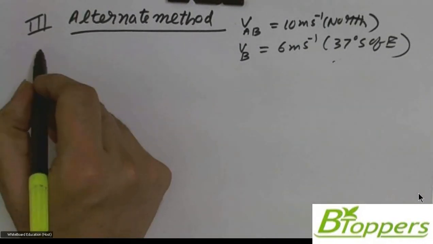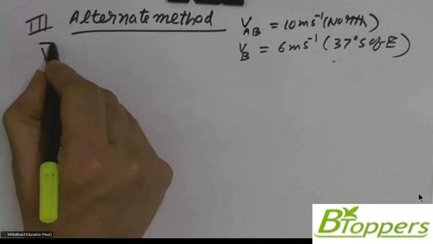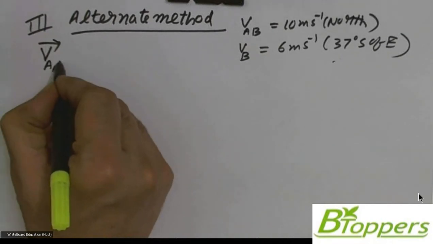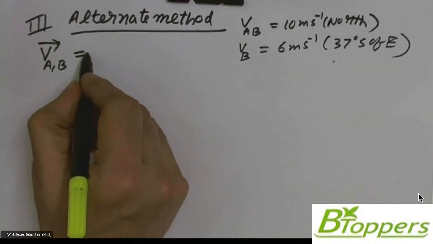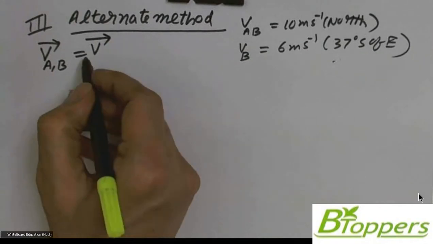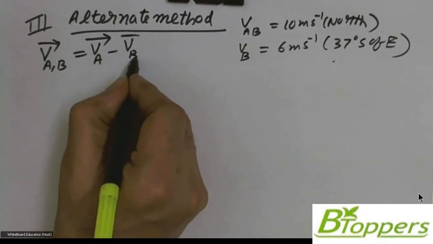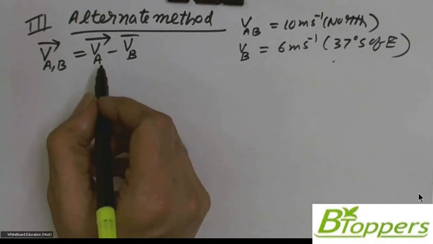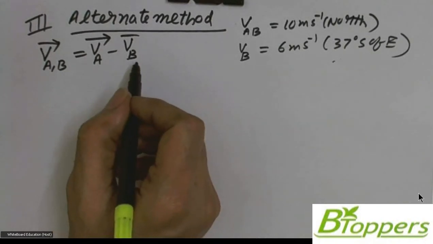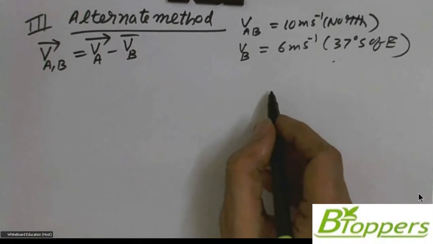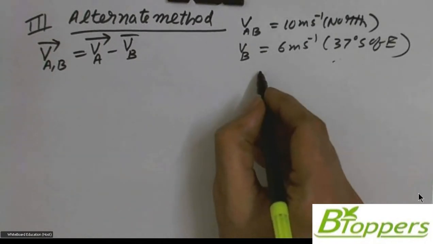Just like in the earlier method, here also the relative velocity of the body A with respect to the body B can be written as VA bar minus VB bar. VA bar represents the actual velocity of the body A. You can draw a diagram showing the two given vectors.